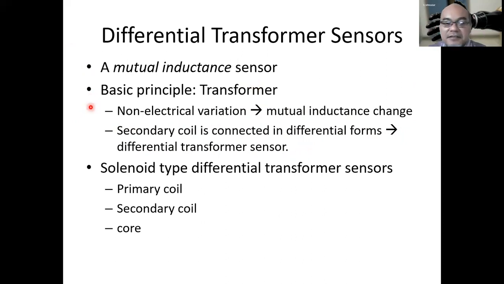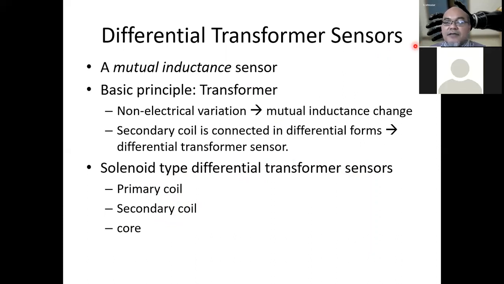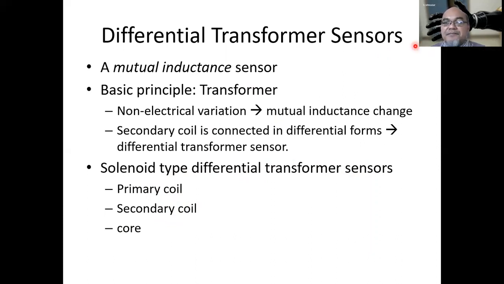Later we will see this configuration of the differential transformer sensor. There is what they call a solenoid type differential transformer sensor, which consists of a primary coil, a secondary coil, and a core. So it sounds similar, maybe like a normal voltage transformer that we have in many of our electric appliances.